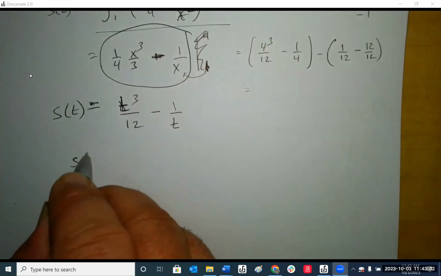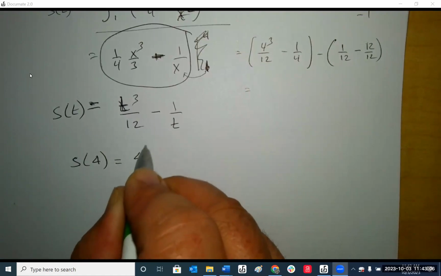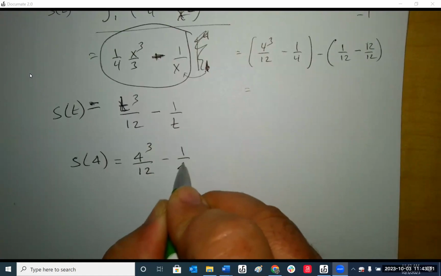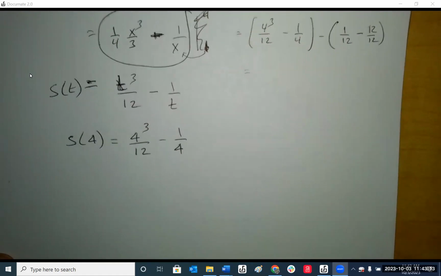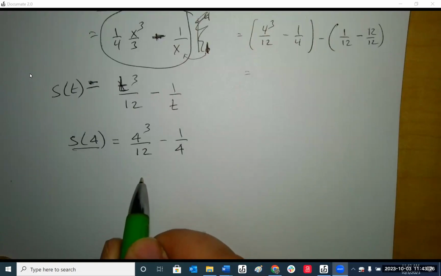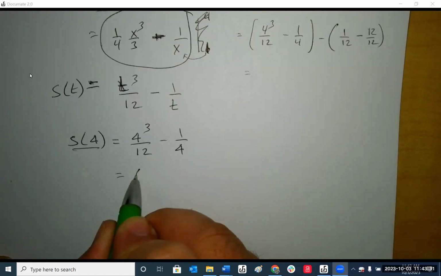So if we just looked at the end point, 4 cubed is 64.